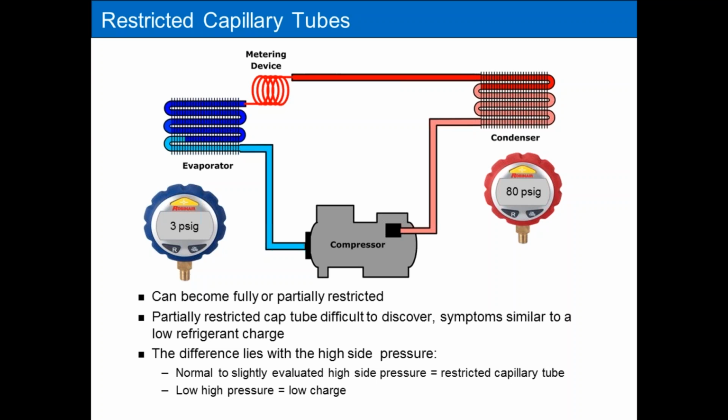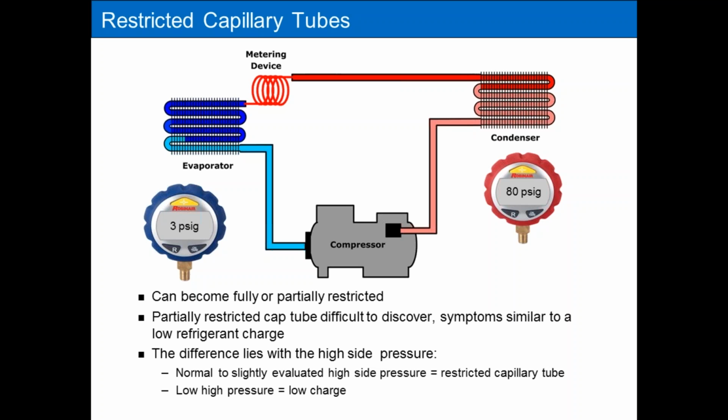When in doubt, because sometimes you're not going to be able to tell normal discharge from slightly low discharge, you're not 100% sure. What you can do is put a little refrigerant in, but weigh it in. Put a couple ounces of refrigerant in and see what happens. If you see the system starting to work normally, then it was a low charge.